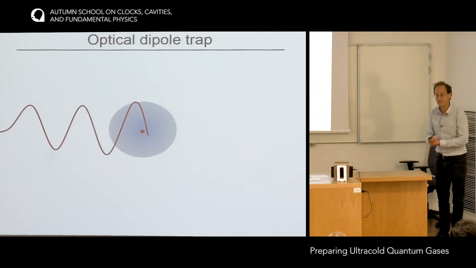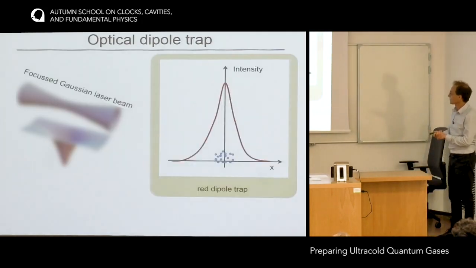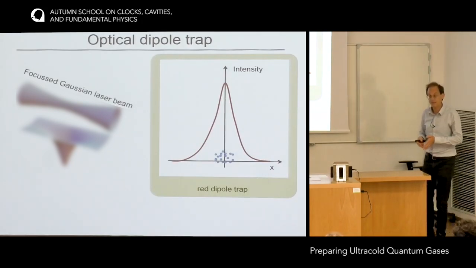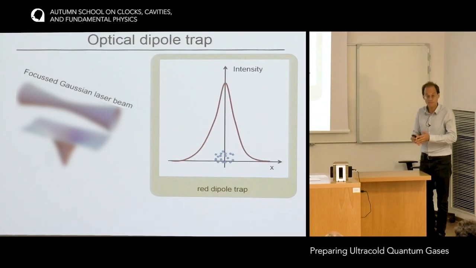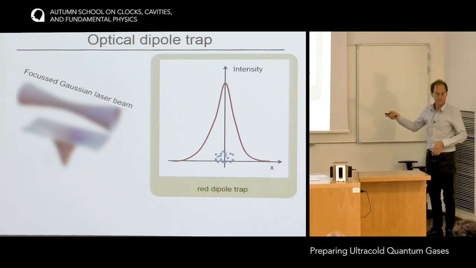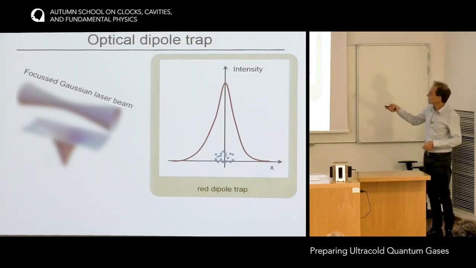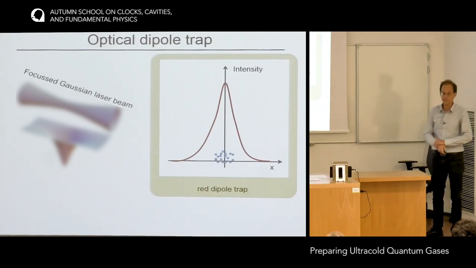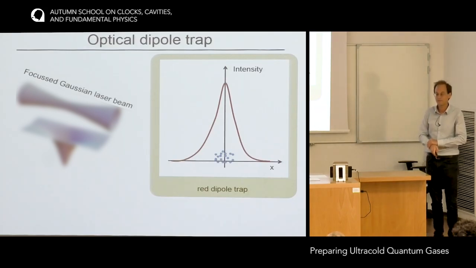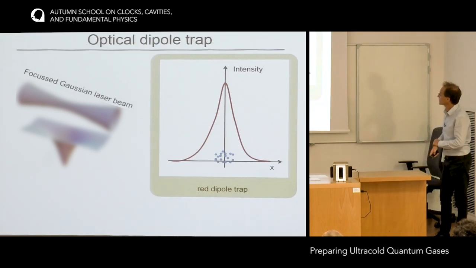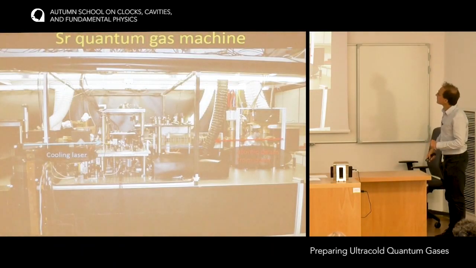So the energy of the atom is lowered if you have this infrared laser beam there. And now to build a trap, you just need to make a region in space where you have a lot of this infrared light. In the simplest case, you just focus a Gaussian laser beam and bam, it traps your atoms at the intensity maximum. And that's great. It works beautifully for strontium.